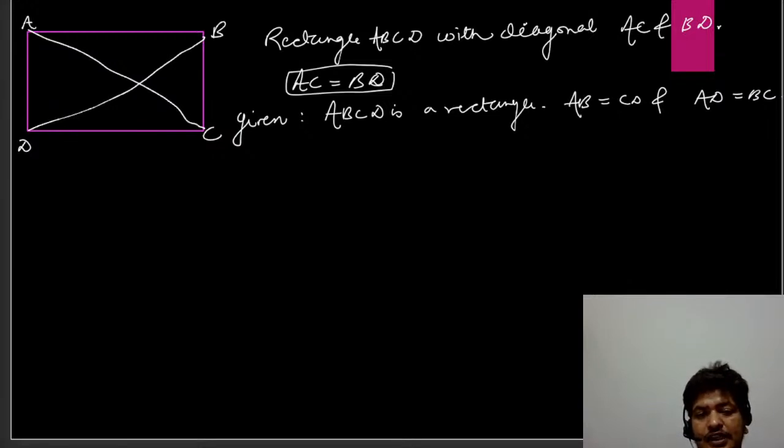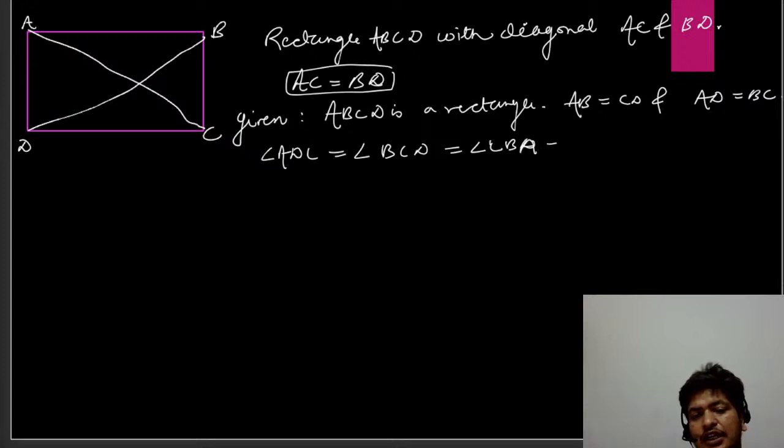Also we can say that angle ADC is equal to angle BCD is equal to angle CBA is equal to angle BAD is equal to 90 degrees. This is a property that is given for a rectangle.